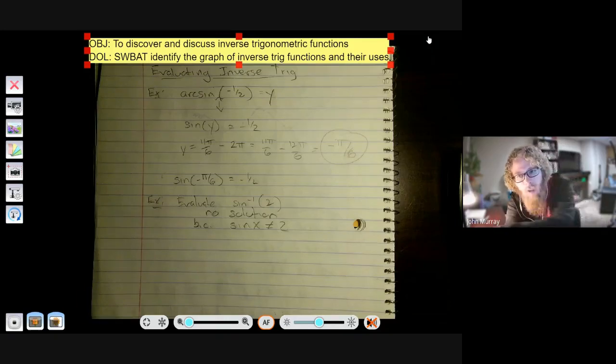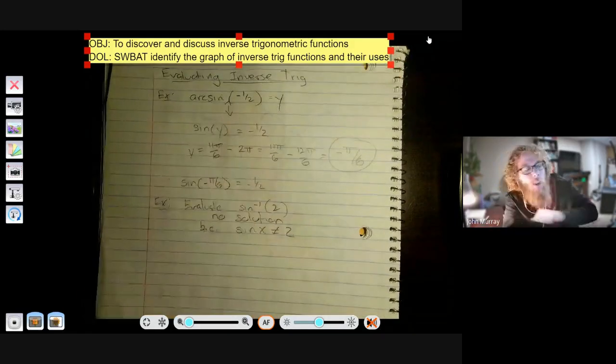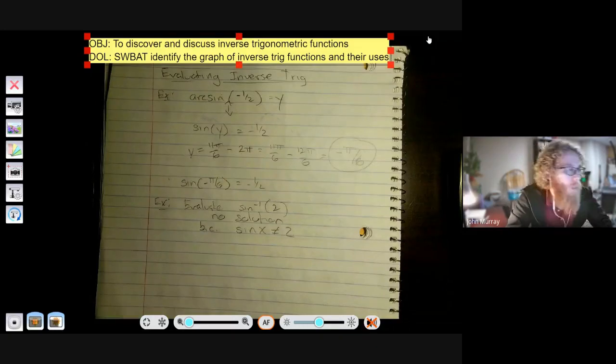All right, so for homework tonight, I'm going to give you 1 or 2 problems where you have to calculate. Use your calculator if you'd like. Try to use the unit circle if you can. If you get stuck on that, obviously you have the calculator, and you can also check your answers with the calculator as well. It'll just be a quick couple problems where you just have to evaluate.